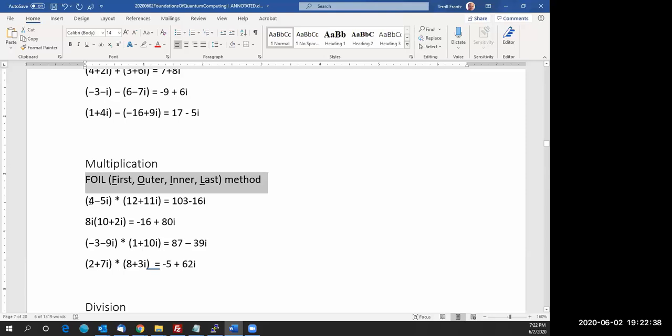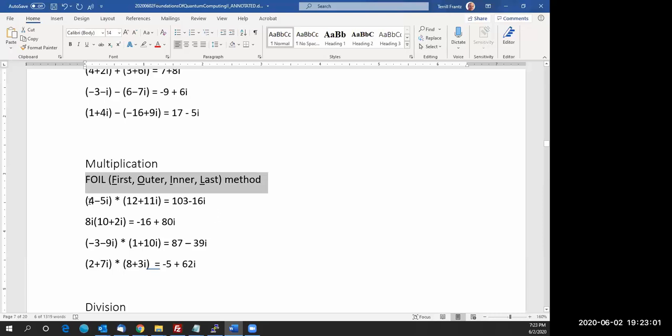You know, when we have A plus B times C plus D. We use what's called the FOIL method. At least this is what we typically learn in the United States, which is you multiply the first terms, you multiply the outer terms, then the inner terms, then the last terms to get your answer.